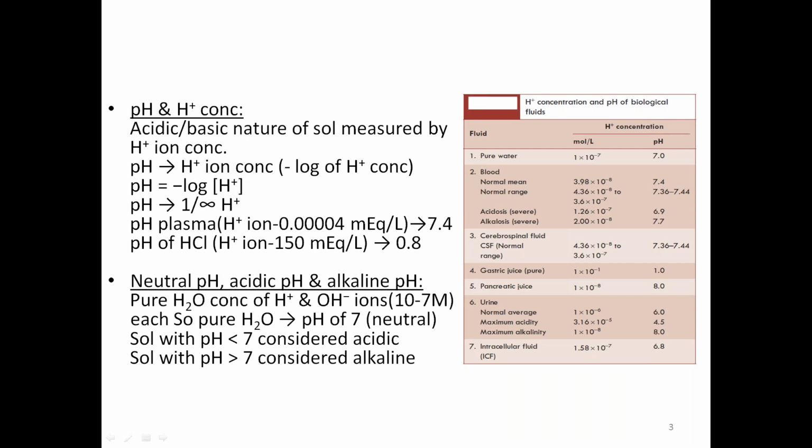Now solutions with pH less than 7 are considered acidic, and those with pH more than 7 are considered alkaline. The hydrogen ion concentration and pH of biological fluids is given in this table, as you can see on the right, just to give you an idea.